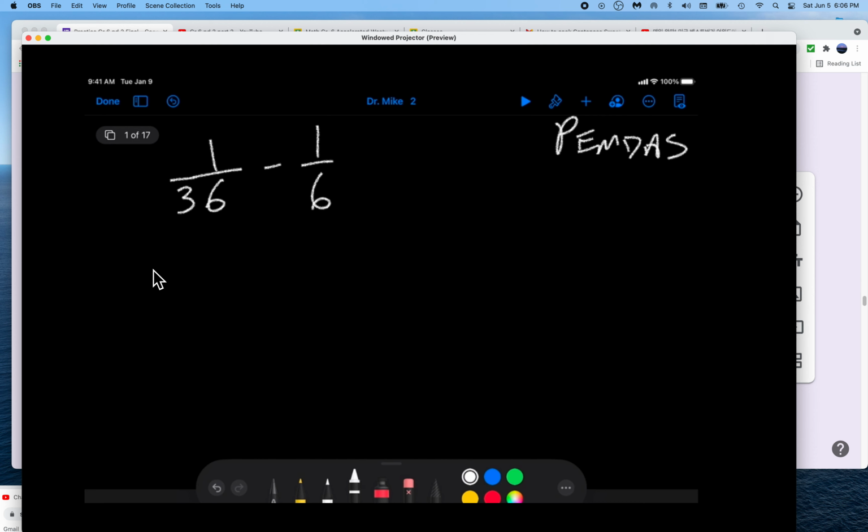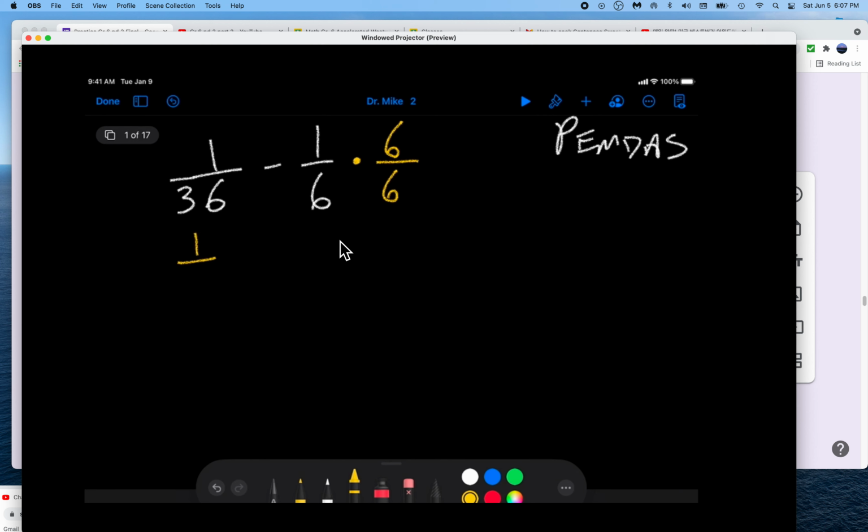How do I make 6 on the bottom equal to 36? Well, we know we're going to have to multiply it by 6. But what do we put on the top? The answer is 6. 6 over 6 is 1. We can come along and multiply by 1 any time we want with impunity to get results we want.